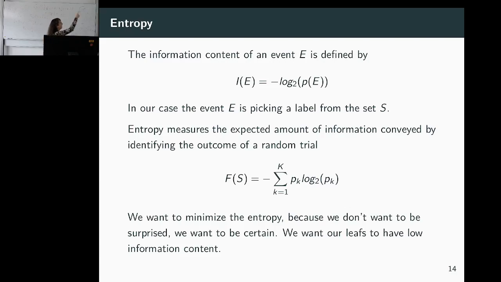So this I is for information. And so basically you take the logarithm to the base 2 of the probability of your event. And this logarithm has this notion, so the power of 2. So this is basically either 0 or 1, for example. It comes from information theory where you measure everything in bits.